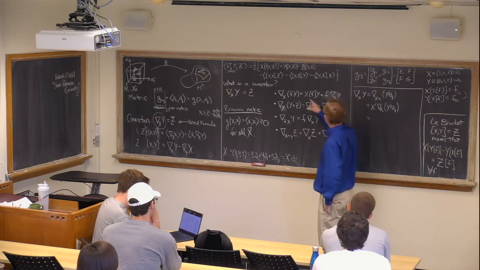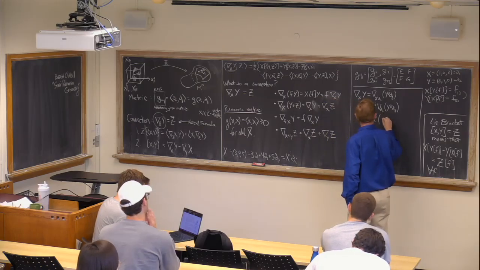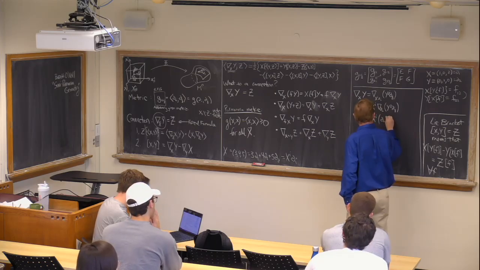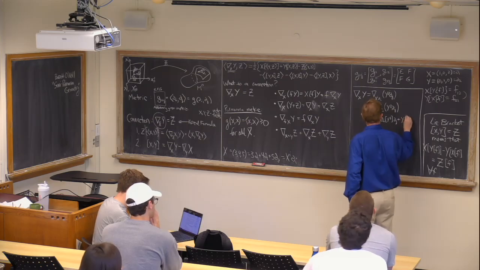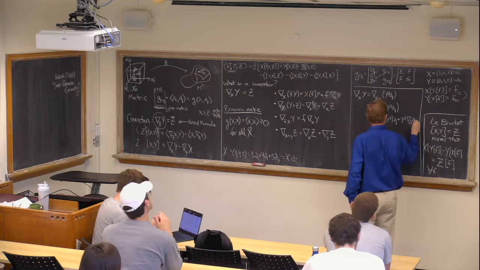And now we're going to do this rule right here. And so this is x^i times partial i of y^j times partial j plus y^j times the covariant derivative in the partial i direction of partial j.